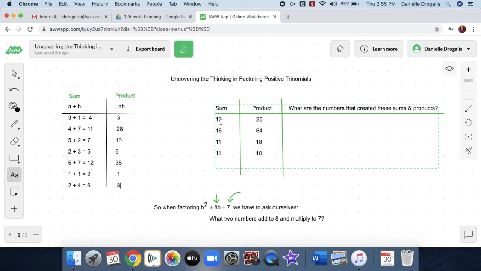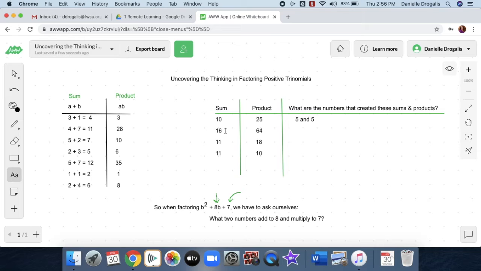So we have two numbers that add to 10, but they also have to multiply to 25. So that would be 5 plus 5 multiplies to 25. And so that is what guides us here, that those two numbers are 5 and 5.